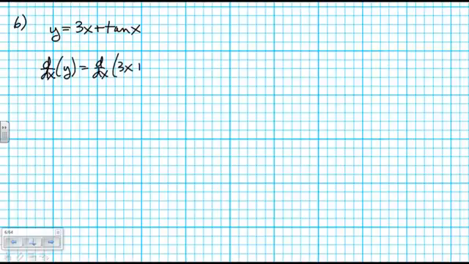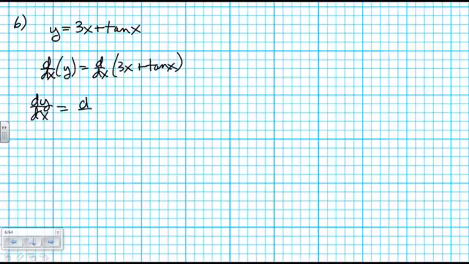Number 6, y is equal to 3x plus tan x. Taking the derivative with respect to x of both sides. We're going to end up with dy dx on this side.